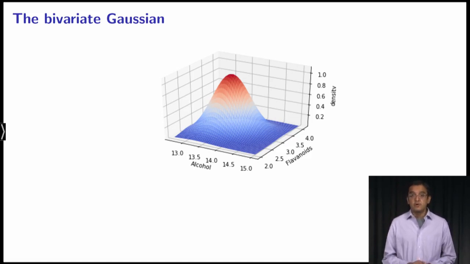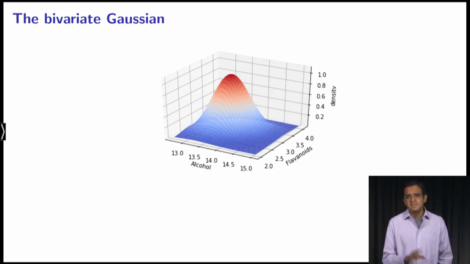It's a distribution over the 2D plane. It assigns a value to every possible alcohol level and every possible flavonoid level. At the base, you see the alcohol and flavonoid values. That's a 2D plane. And the height is the density at that point. So this is what a bivariate Gaussian distribution looks like.